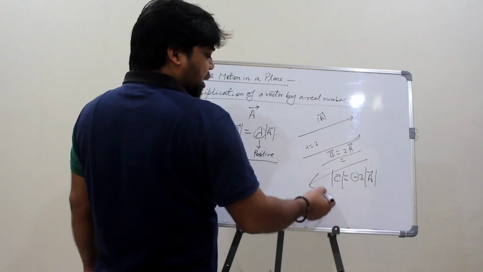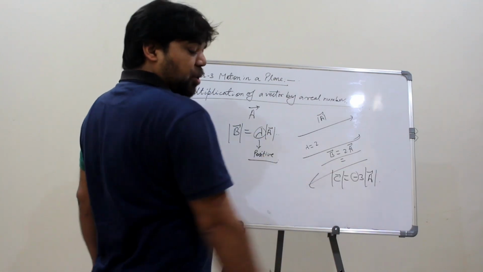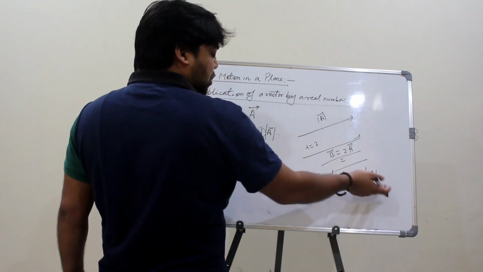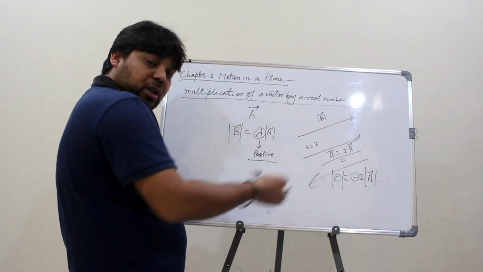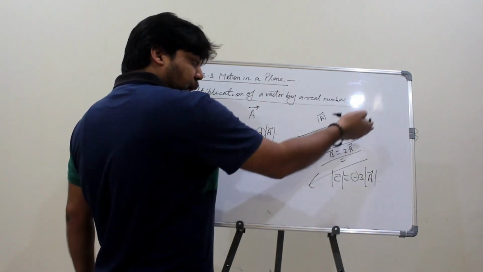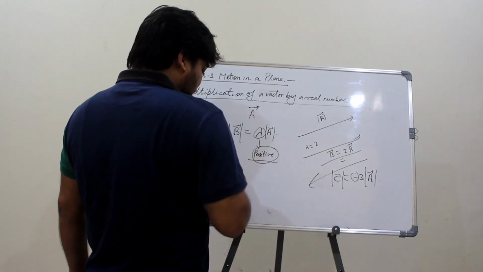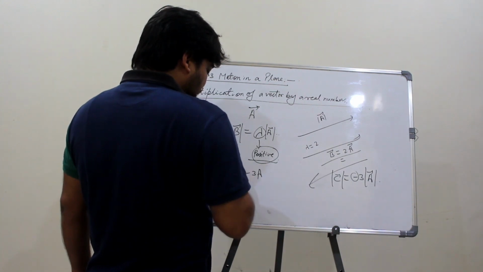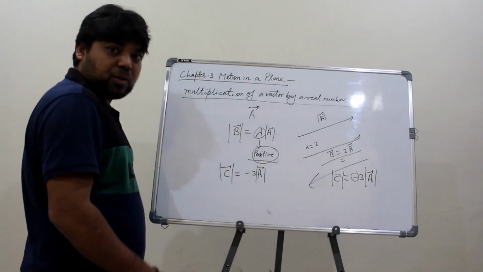So C is in the negative direction: it has 3 times the magnitude of A, but a direction opposite to the direction of A. So this is what you need to understand. C is minus 3 times A, and mod of C is nothing but 3 times mod of A. So this is one example.